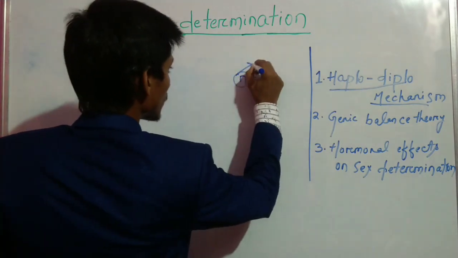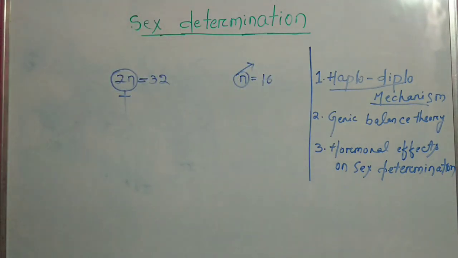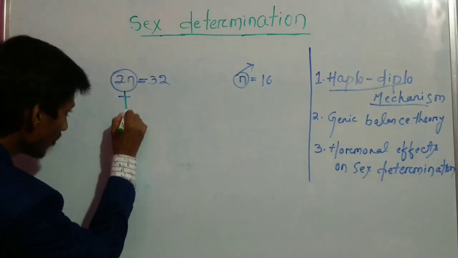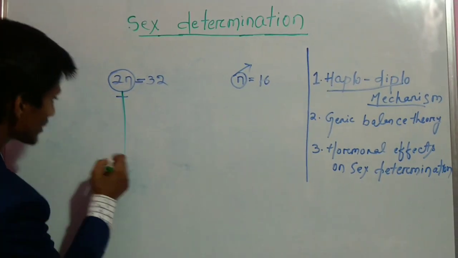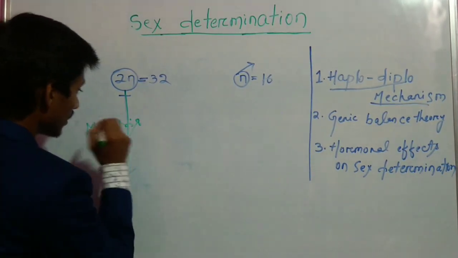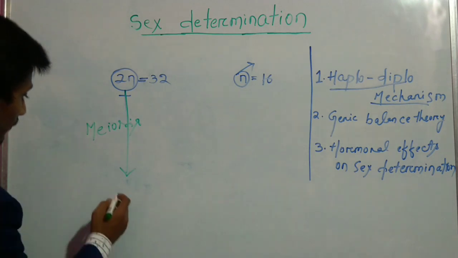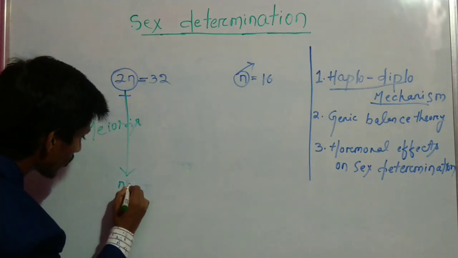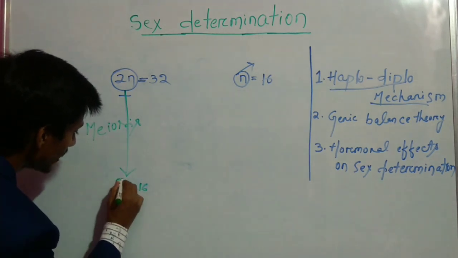At the time of gamete formation, the queen bee's ovum will undergo meiosis and give rise to ovum having n number of chromosomes, that is the chromosome number will be 16.